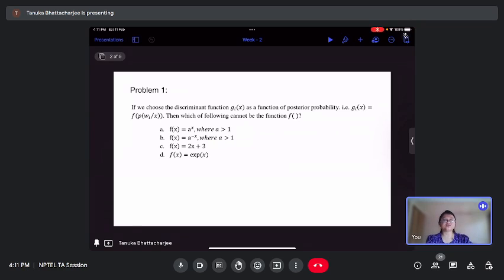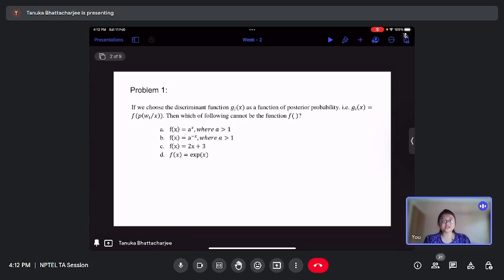Now, if you want to take a function of this posterior probability, this is mainly done for computational convenience. So, you have to have a monotonically increasing function, so that whenever you have higher posterior probability, you will also get a higher value of the overall discriminant function.